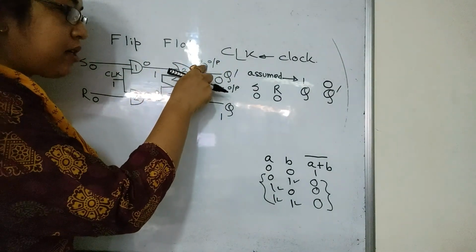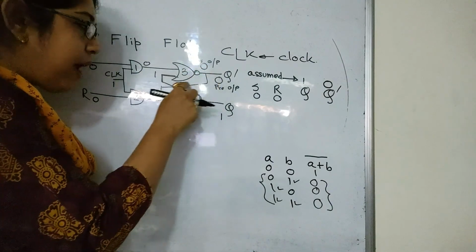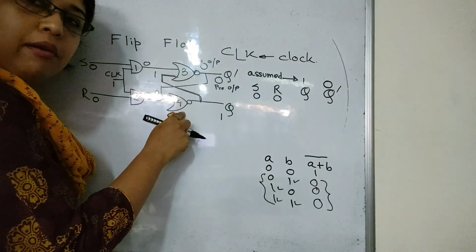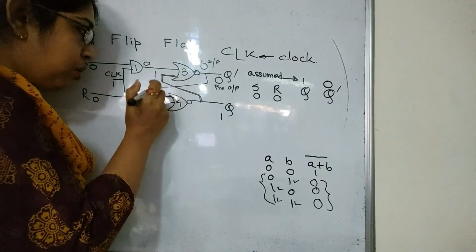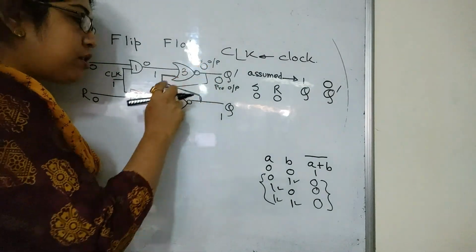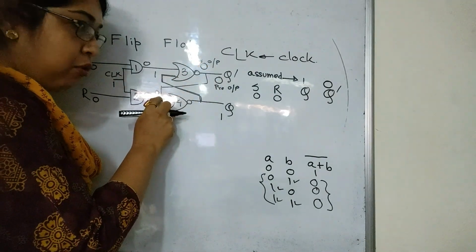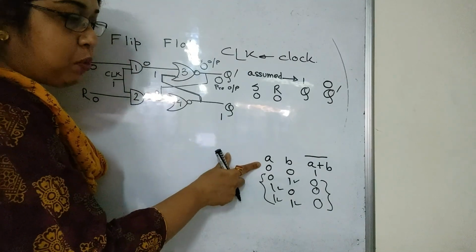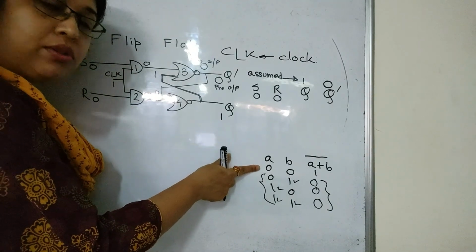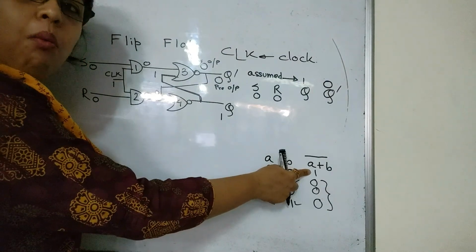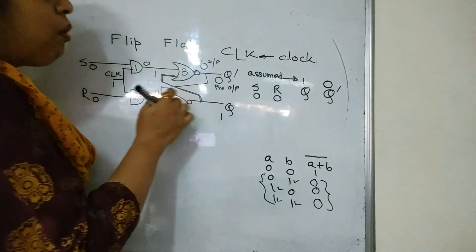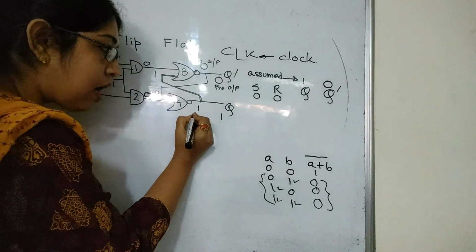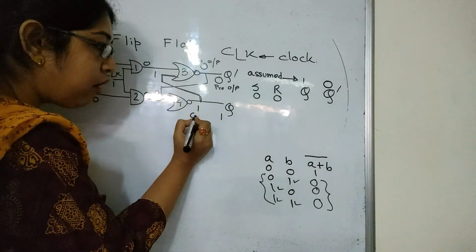Now this current output is fed back into NOR gate number 4, and we get the value as 1. Why? Because when in a NOR gate both the inputs are 0, you always get a 1. So what is happening to the current outputs of our flip-flop?